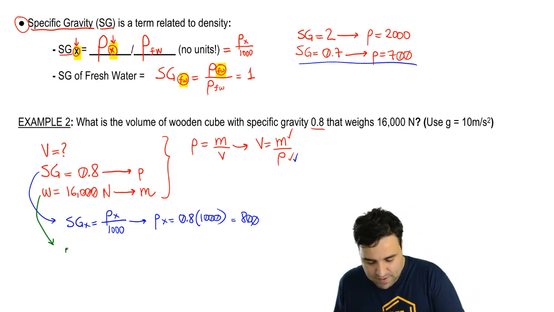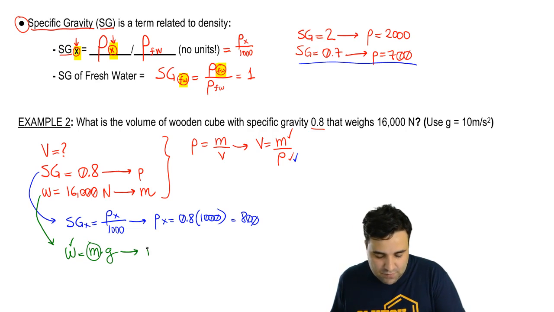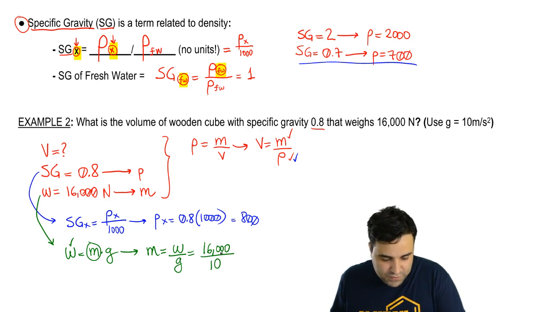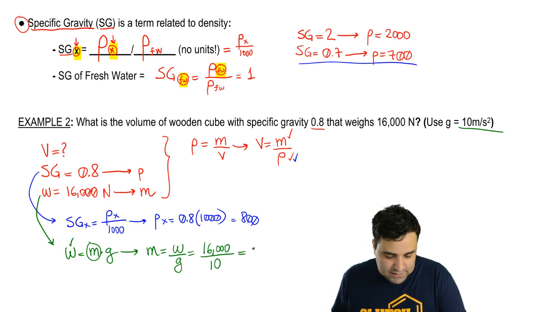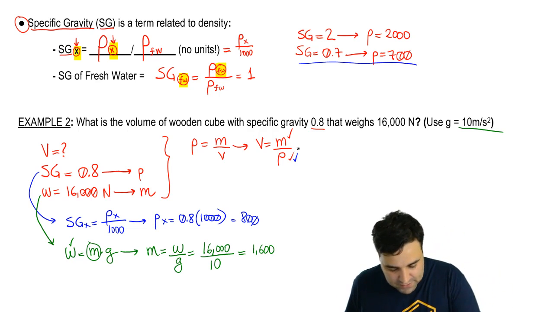So weight, remember, is mass times gravity. And if I know the weight but I want mass, I can just move things around. Mass is weight divided by gravity. So it's 16,000 divided by, we're using 10, so this is 1,600. So now we can plug stuff in.